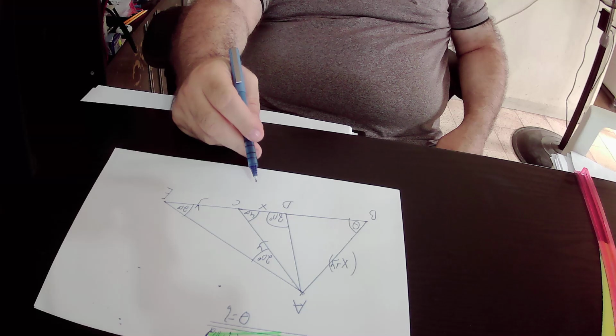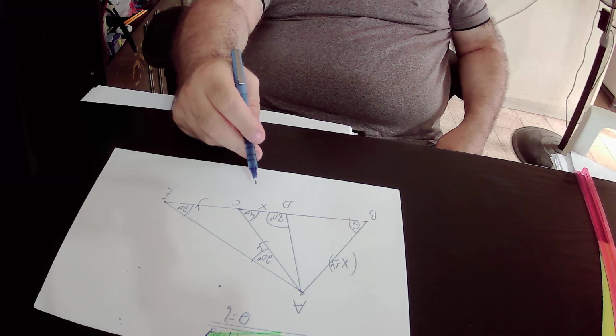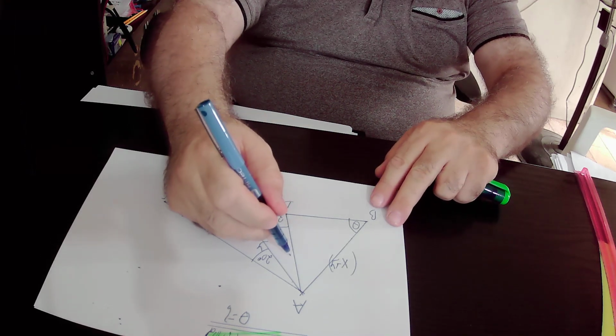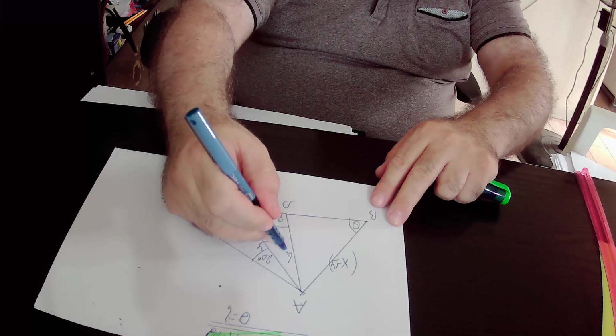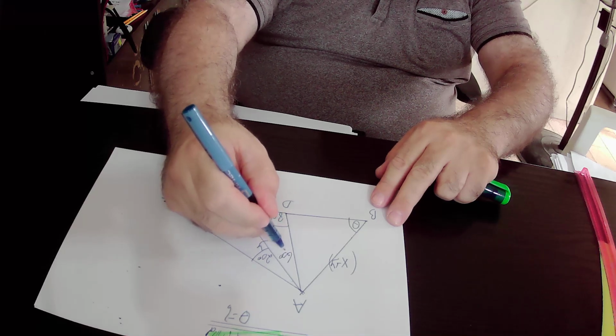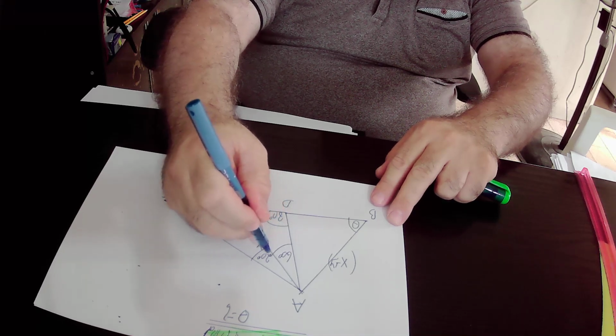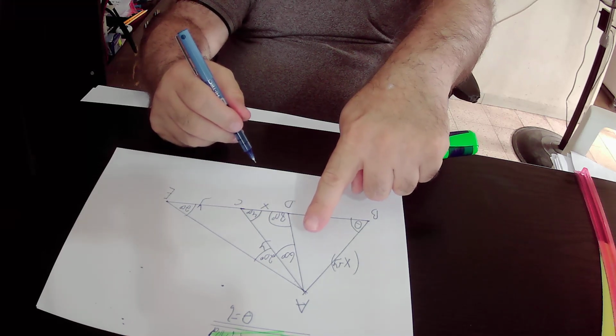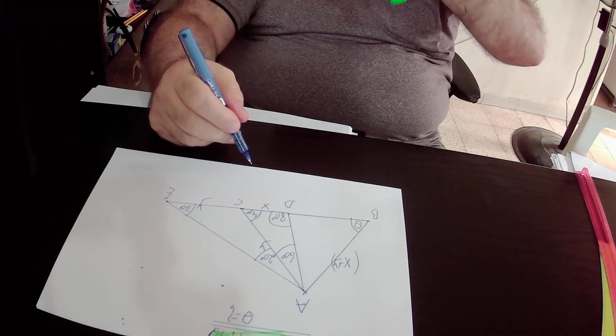Therefore, the size of the third angle must be equal to 60 degrees, because 60 degrees plus 120 degrees is 180 degrees. That is the sum of the angles in any triangle, and especially in triangle ADC. So this angle must be equal to 60 degrees.